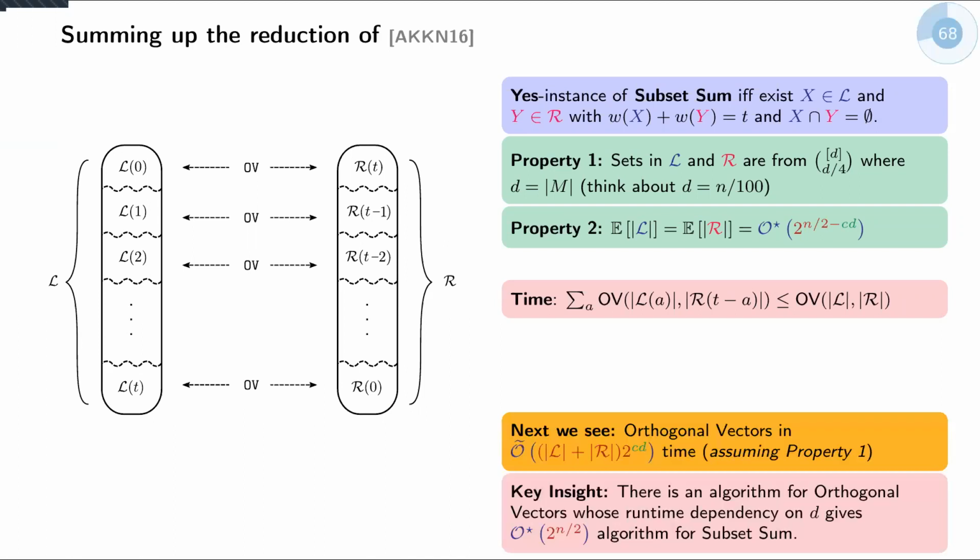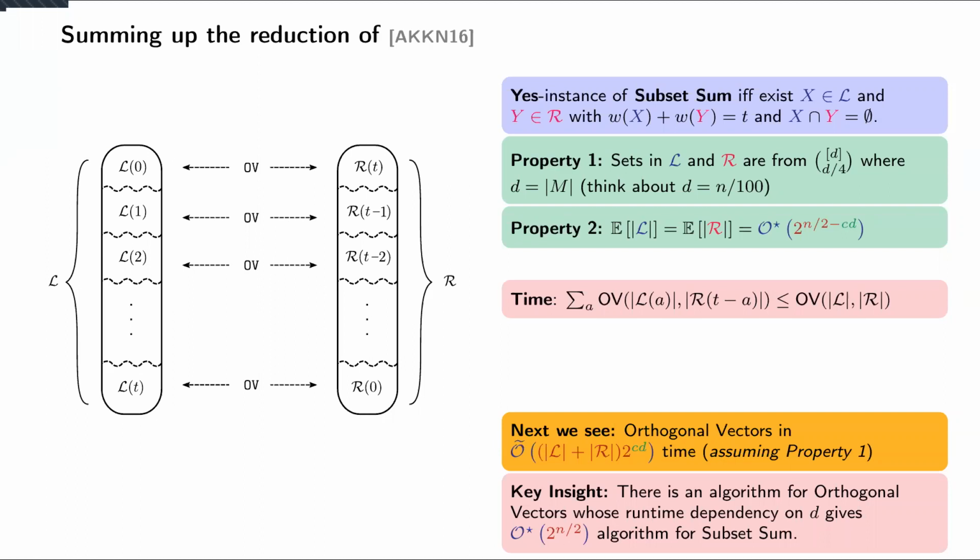And the key insight of our work is that you can design the orthogonal vectors subroutine with running time linear in the size of the input times 2 to the CD, where C is exactly the constant that matches the downsizing of the set sizes of calligraphic L and calligraphic R. If you combine these two, you get a subset sum algorithm that runs in 2 to the n half time exactly.